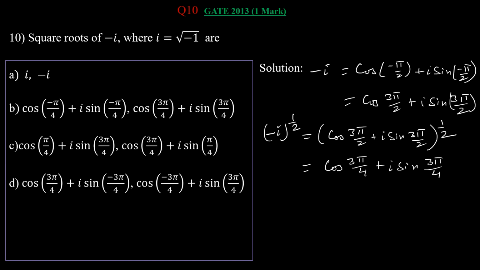That can also be written as cos minus pi by 4 plus i sin minus pi by 4. So both are correct.